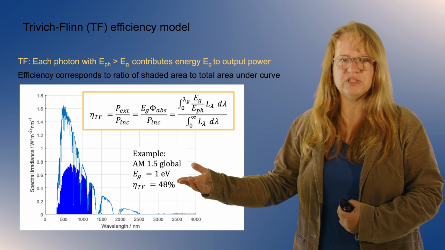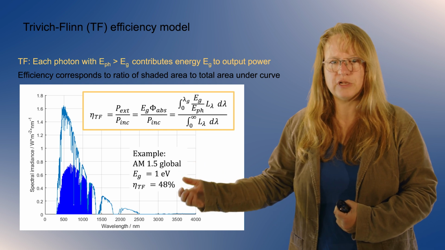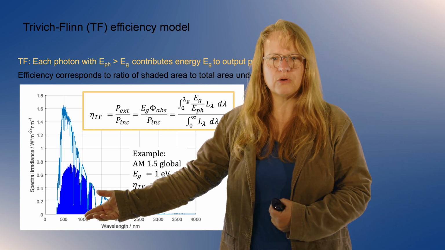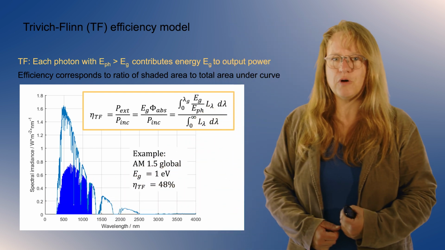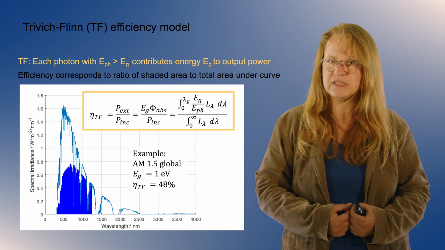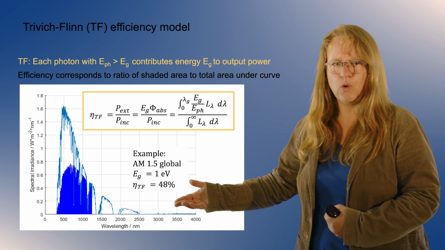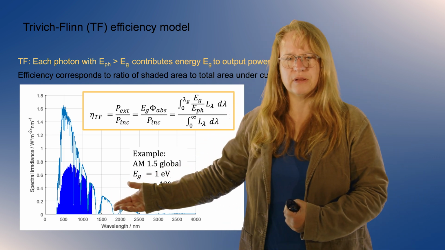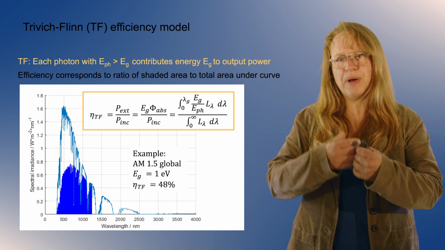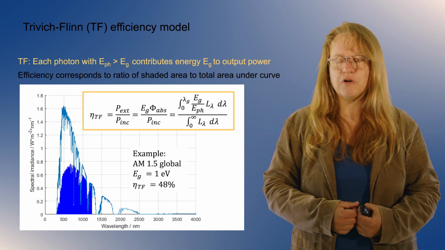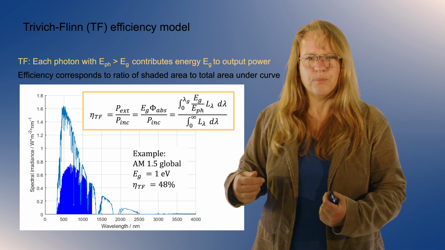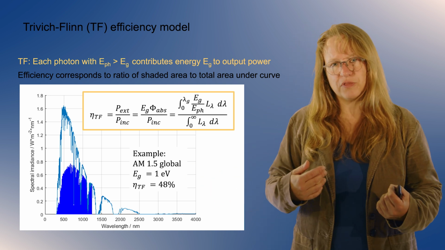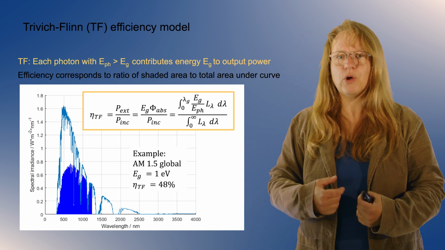Here the band gap is assumed to be at 1 electron volt, so at around 1240 nanometers, and then all photons with wavelengths shorter than this value are absorbed, while all photons with wavelengths longer than this value pass through the semiconductor as their photon energy is smaller than the band gap energy.